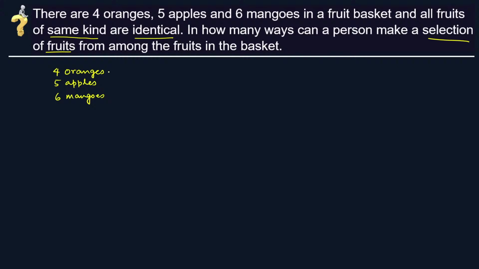Now we have 4 oranges, and 4 oranges can be selected in how many different ways? 4 plus 1, that is 5 different ways, in which you can select no orange, or 1 orange, or 2 oranges, or 3 oranges, or 4 oranges. Is it clear?